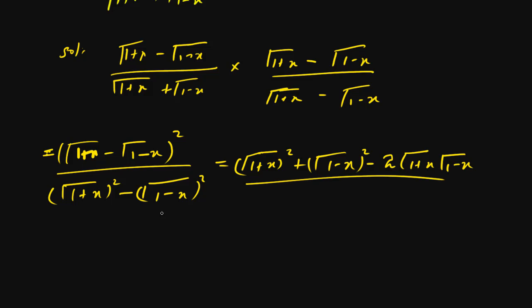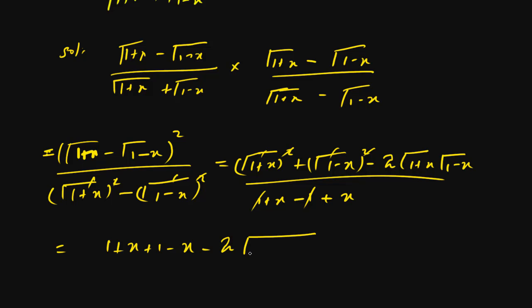In the denominator the square roots with squares cancel, and we get 1 plus x minus 1 plus x, which is 2x. In the numerator we get 1 plus x plus 1 minus x, minus 2 times the square root of 1 minus x square.